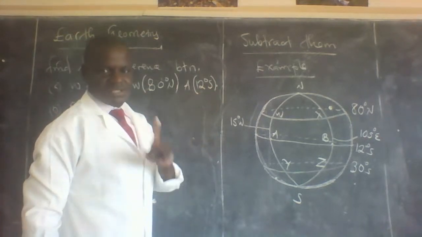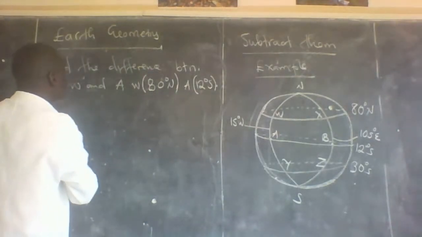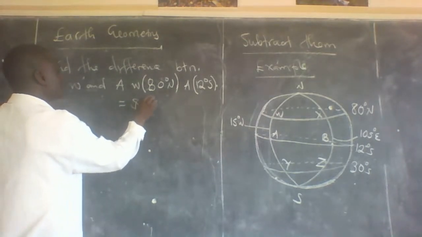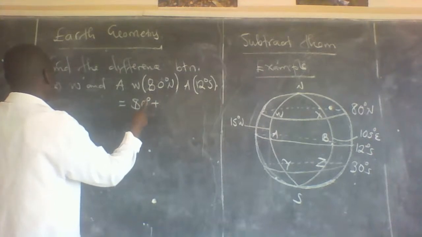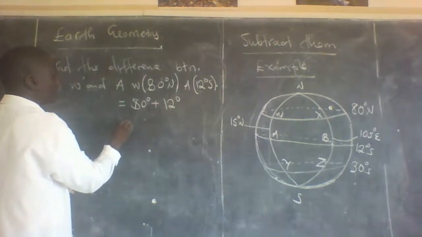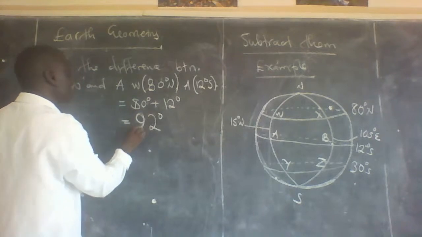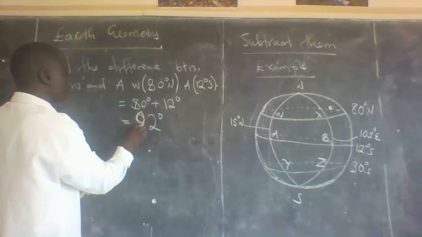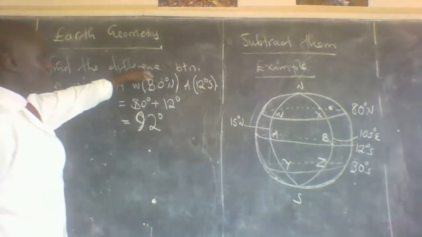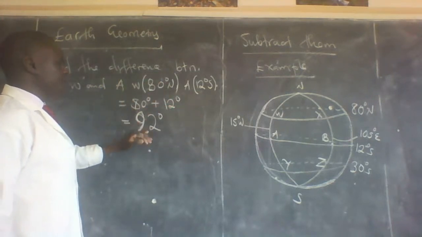To find the difference, we're going to add. So the difference between W and A will be 80 degrees, forgetting about the direction now, plus 12 degrees, and the answer will be 92 degrees. That is the degree difference between W and A. Like the first point was saying, what I'm going to do is add.